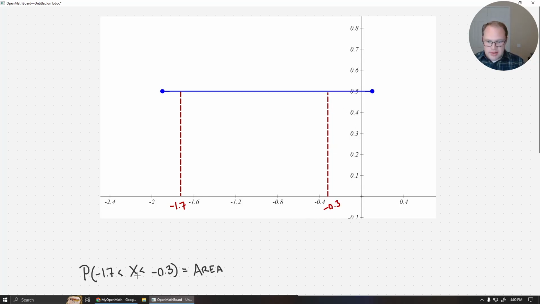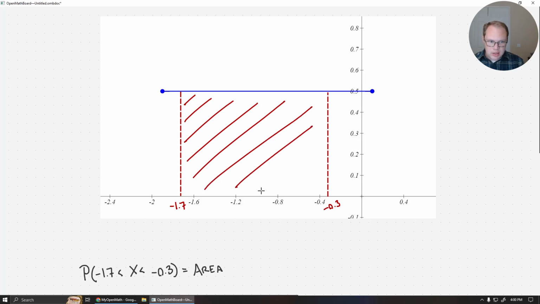And I'm interested in the outcomes that are between those. So if I can find the area of this shape, then I will have the probability that x is between negative 1.7 and negative 0.3. Okay?